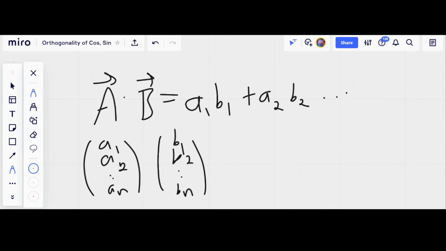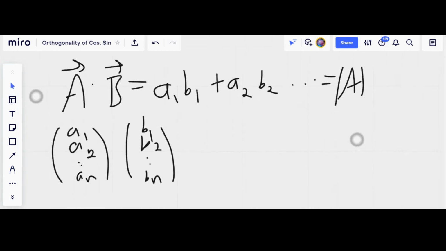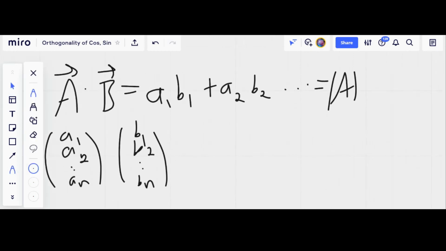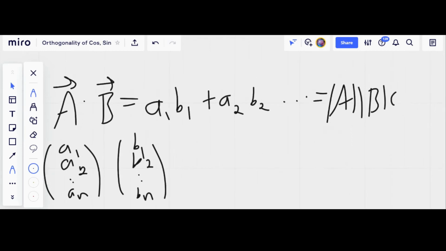Now, we are taught in school that this is equivalent to the magnitude of A times the magnitude of B, all times the cosine of theta, where theta is the angle between the vectors.